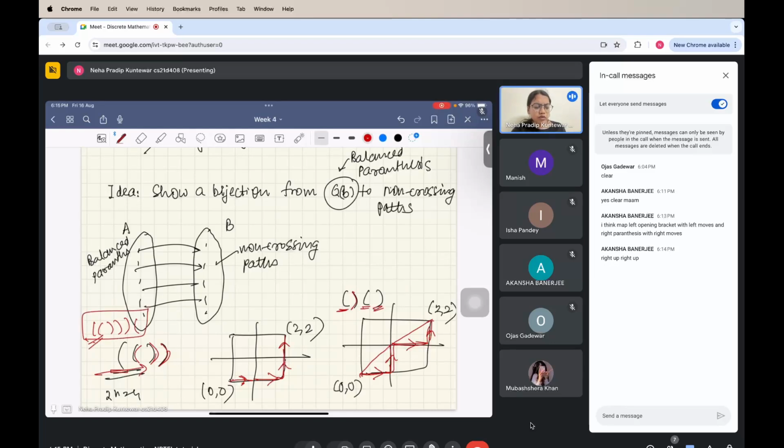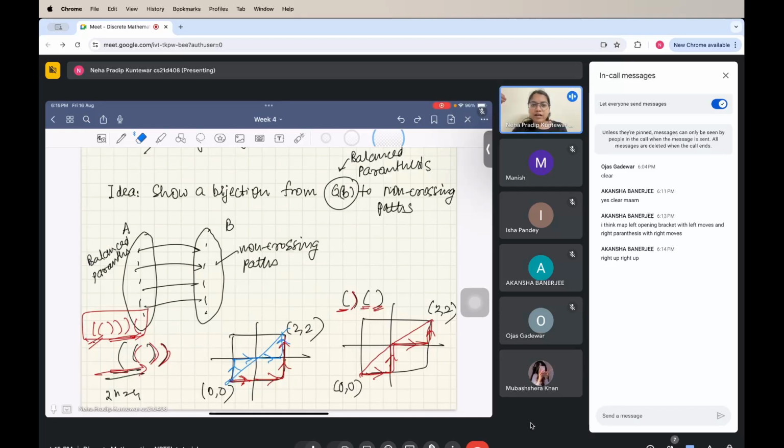It has an equal number of left and right brackets, but this is not balanced. This also happens in the case of walks. In the case of walks, if you take more upward moves than the number of right moves, then you would have crossed the diagonal. So if you do something like up, right, you would have already crossed the diagonal at this point.